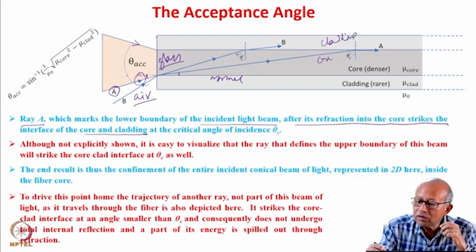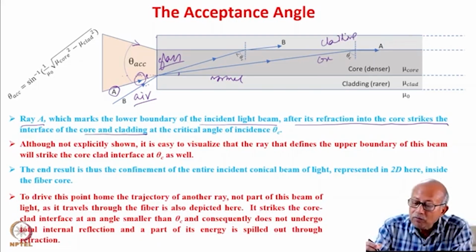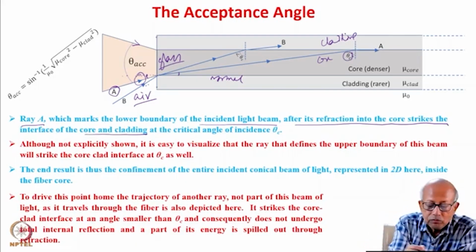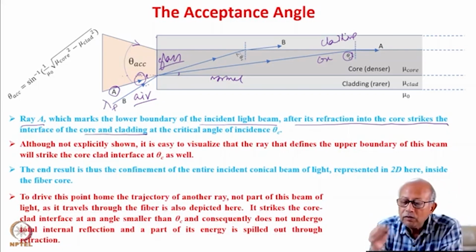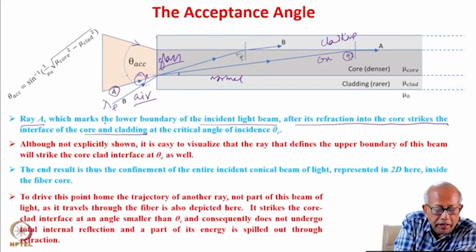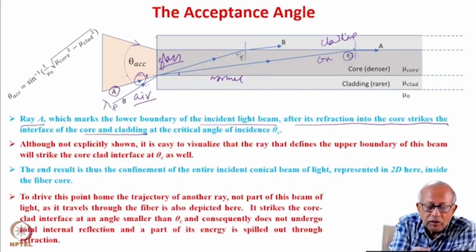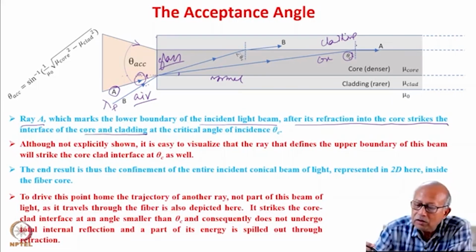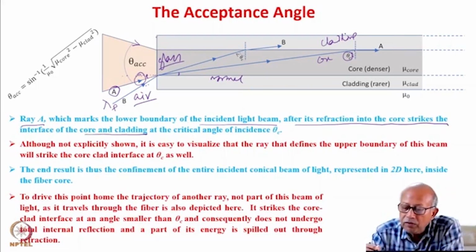It strikes this interface at an angle which is critical for this wavelength, for this wavelength of light. So let us say we call it lambda pump. For this wavelength, this is the critical angle. So this ray which marks the lower boundary of this beam, after its refraction at this interface, strikes the core-clad interface at an angle which is exactly the critical angle.